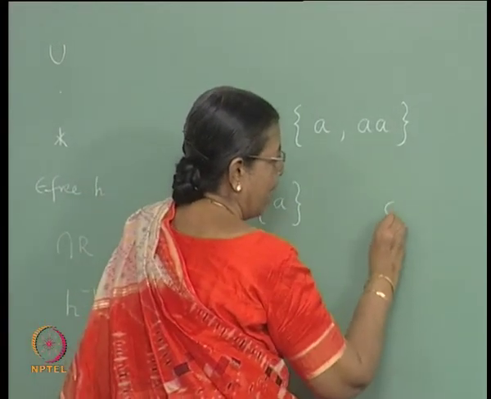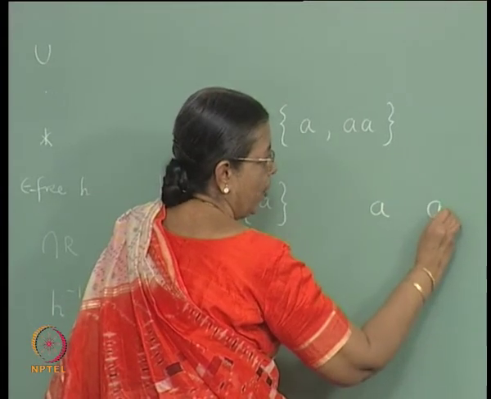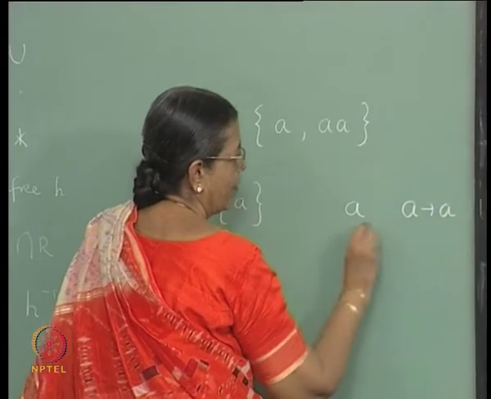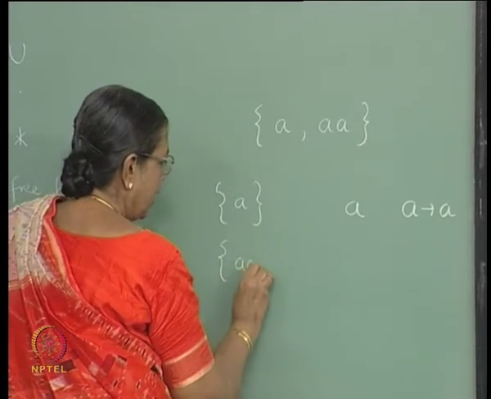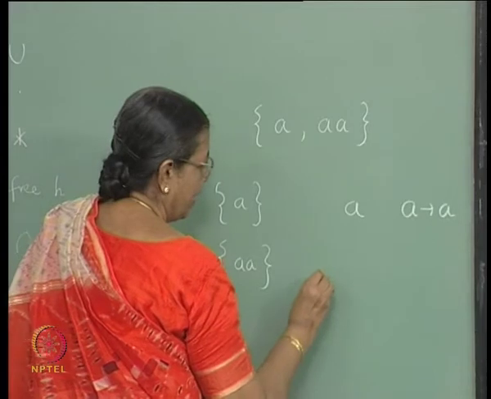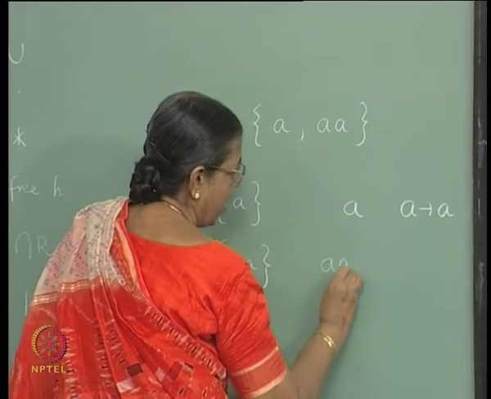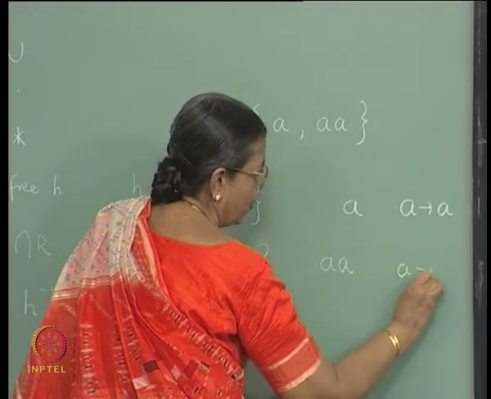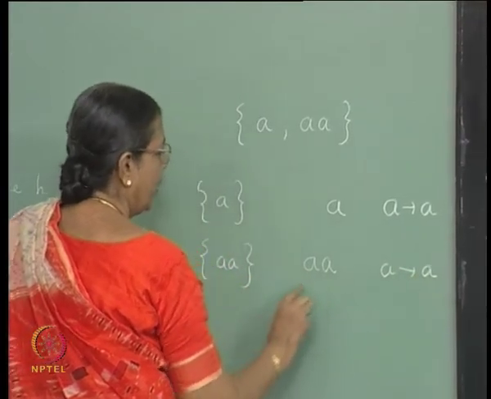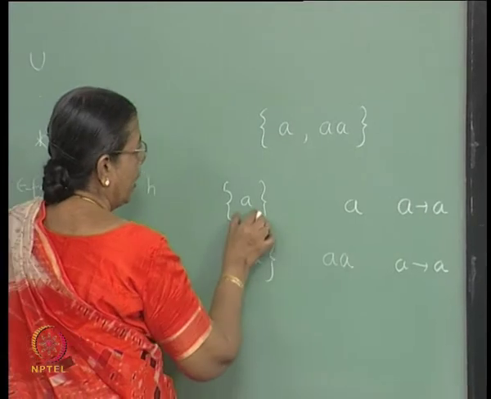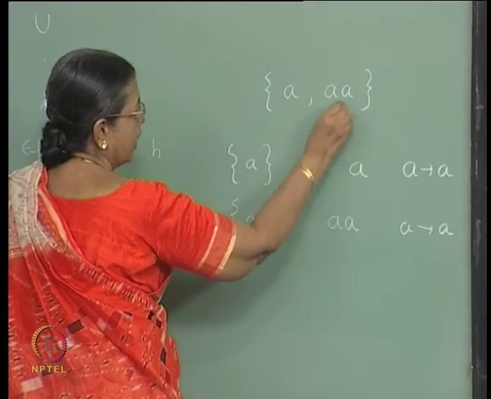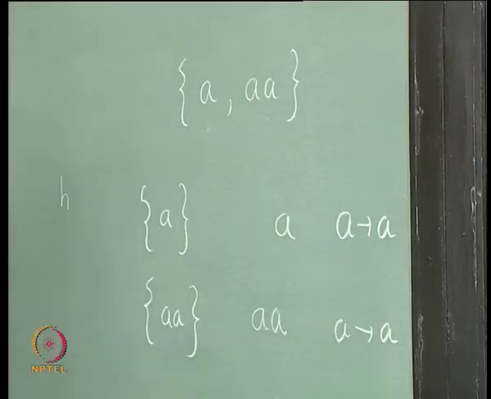You can just have an axiom A and a rule A goes to A. This will generate only A. AA alone is a 0L language with axiom AA and the rule A goes to A. This will generate only this string. But when you consider the union, it has 2 strings A and AA.